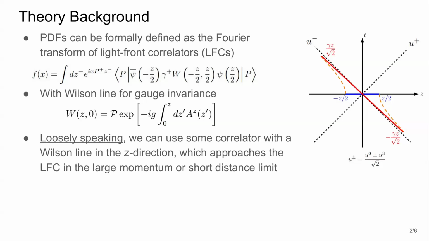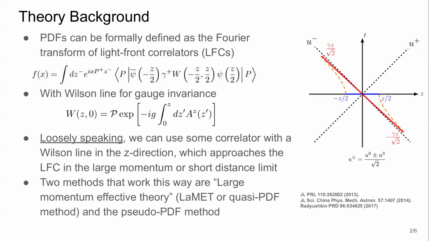You can see with the red line that this starts to boost your correlator towards the light cone. You'll also notice that at very short distances, you're also pretty close to the light cone as well. This defines two different methods: large momentum effective theory, which I'll call LaMET, also the quasi-PDF method, and the pseudo-PDF method.